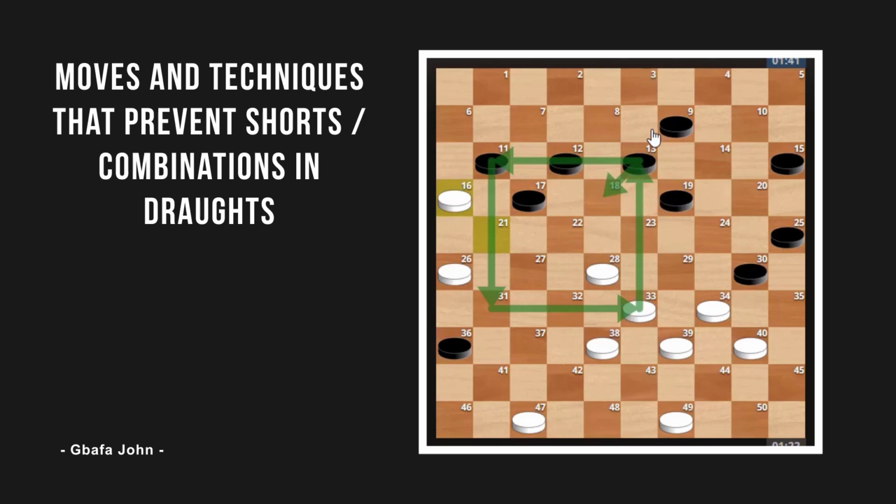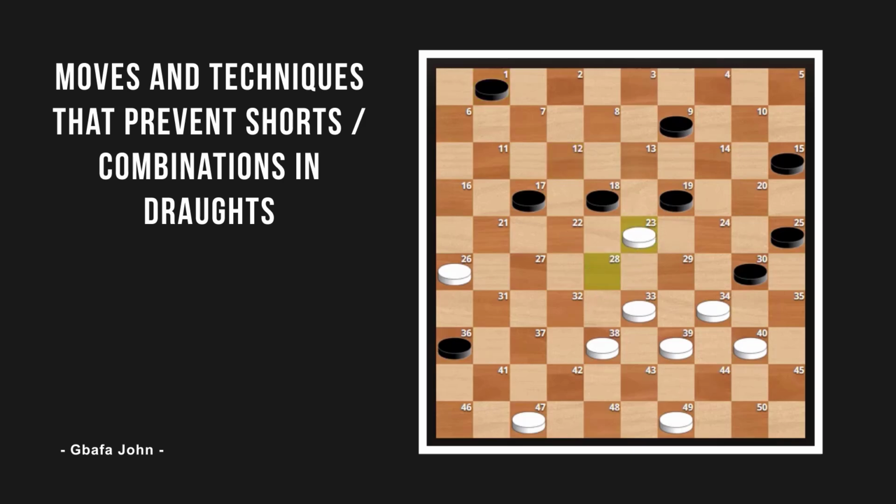We have key squares here, and the piece at the vertex is removed. So if this piece is removed, white will take, black will take to 1. Then because there's no piece at 13, white can take the shot to king. So white can play this, black will take, and then white will take to king.